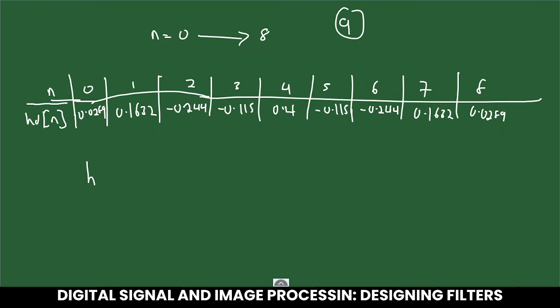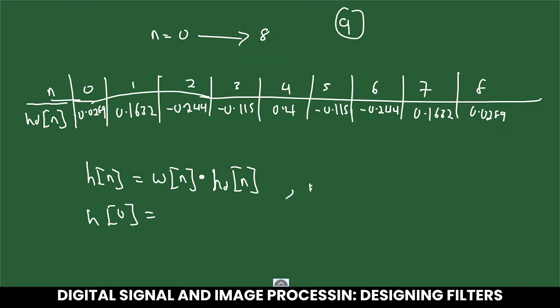So h of n is equal to Wn multiplying hd of n. So h of 0, you do this for n values equal to 0 up to 8.